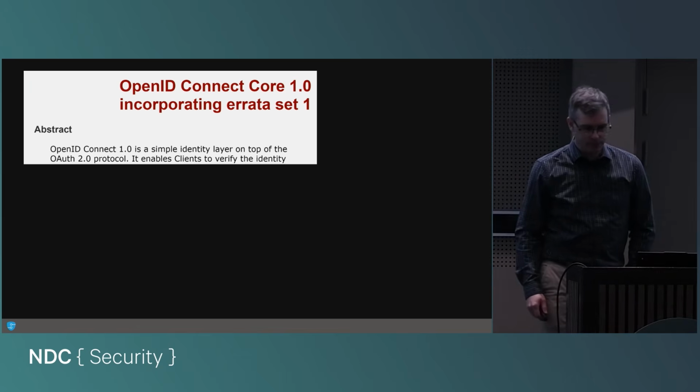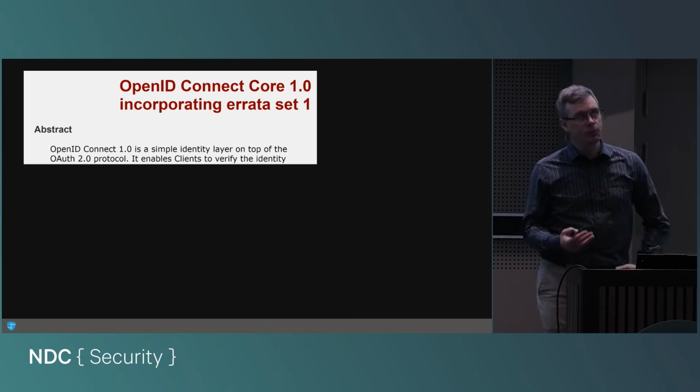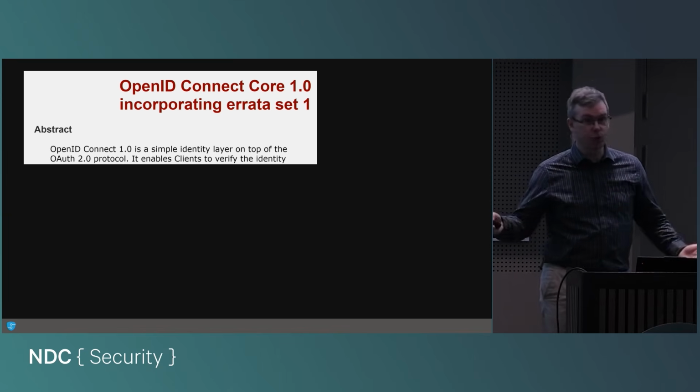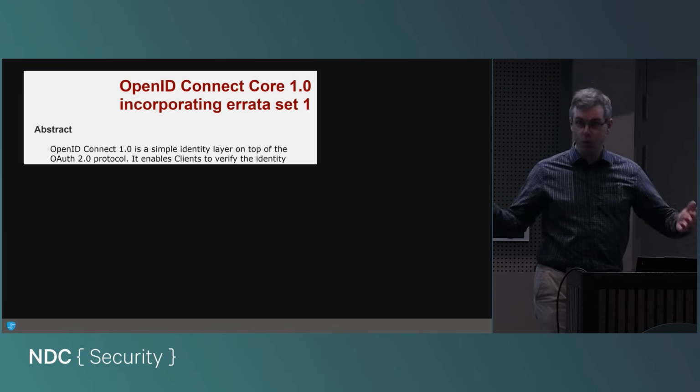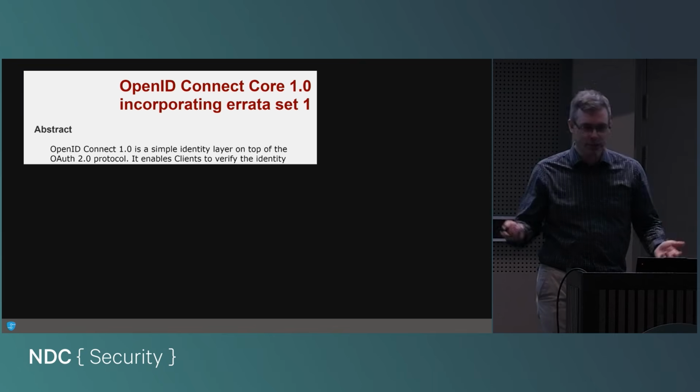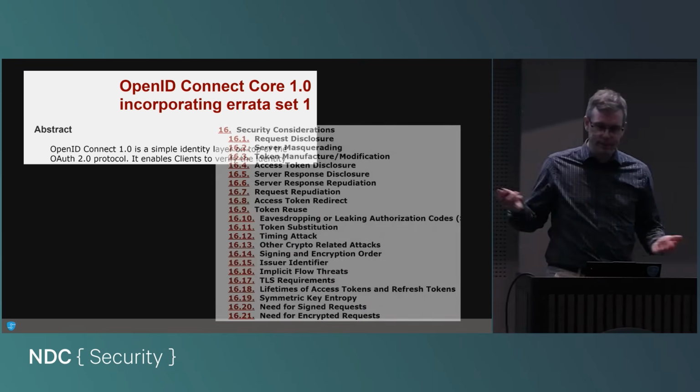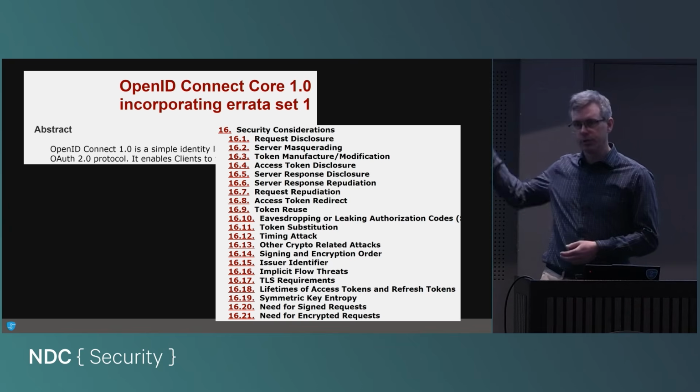These specs have been written by smart people, groups of smart people that have spent extensive time talking to each other, trying to figure out all the things. If you look at one of these internet specs, you will find a long list of security considerations.